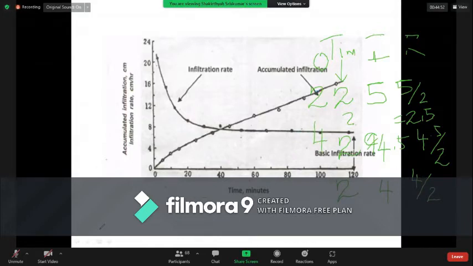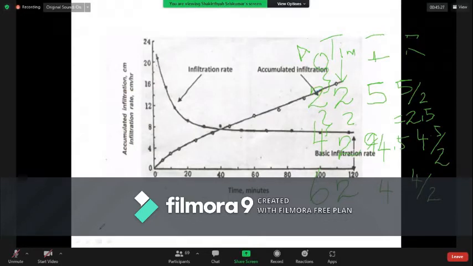Again 2 seconds later, 4 plus 2 is 6. So this is the accumulated time. We start from 0, the first reading we take at 2 seconds, then 4 seconds, 6 seconds. The interval is 2 seconds, so at each 2 second interval we will take the infiltration.